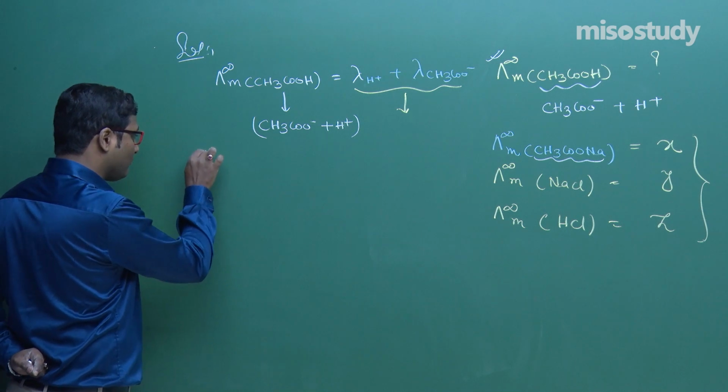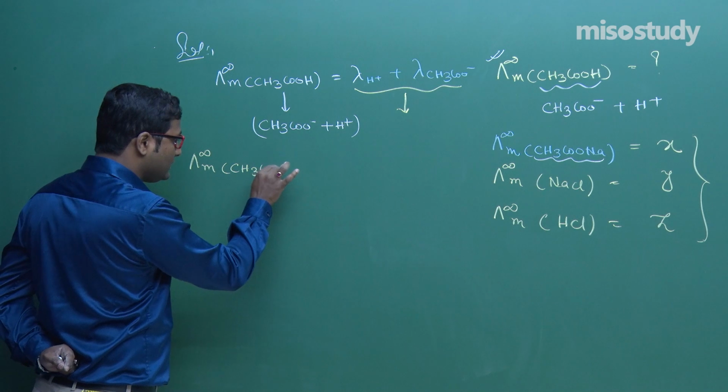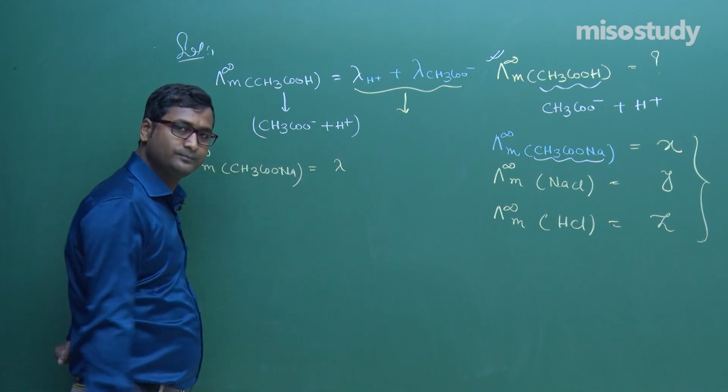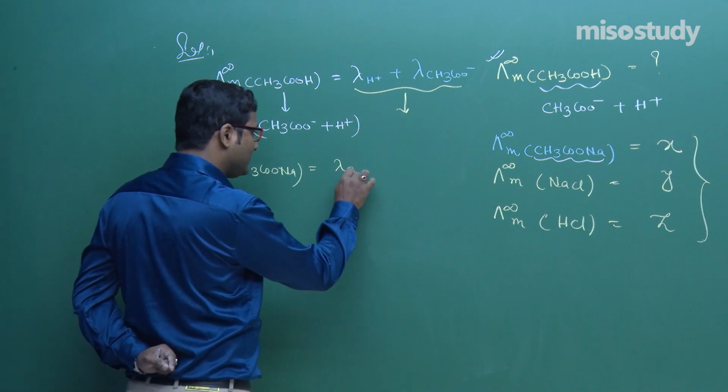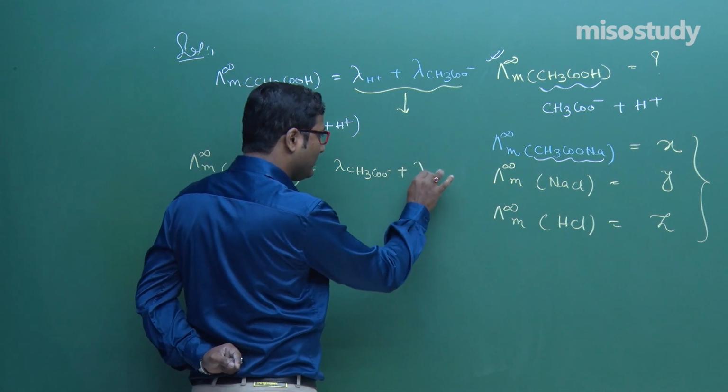If I write here the molar conductivity of CH3COONa, it can be represented like this, lambda CH3COO- and lambda Na+.